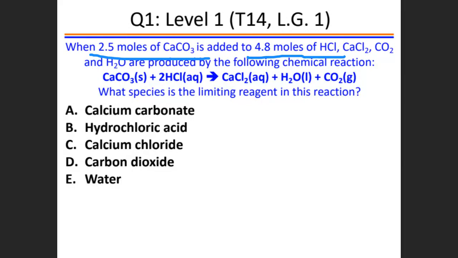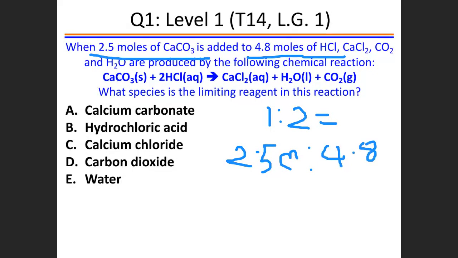Our ratio between calcium carbonate and HCl is 1:2. That means double, correct? If we need 1 mole calcium carbonate, then we need 2 mole HCl, correct? Double. Now if we look at our amounts, what do we have? 2.5 mole and 4.8.